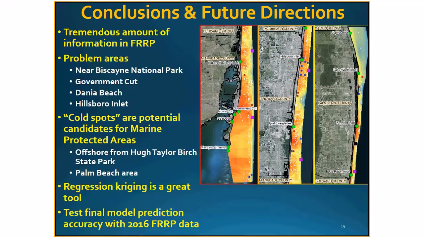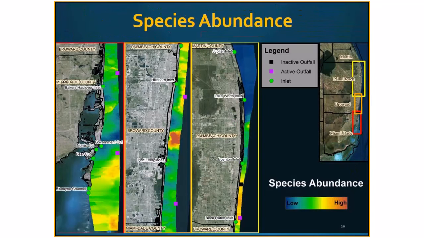I'm excited, and a little nervous, to see the 2016 data, but I intend to use this to test the predictions between already known points to see if this model holds up based on a new data set. With that, are there any questions?